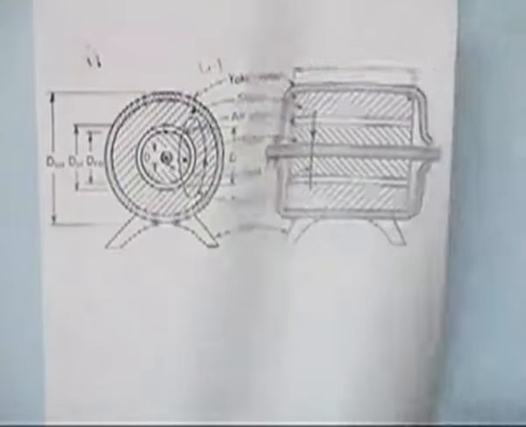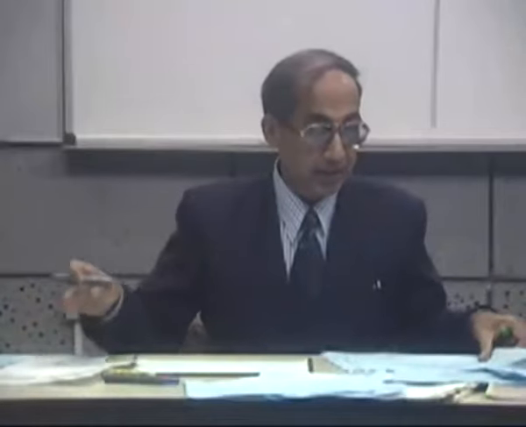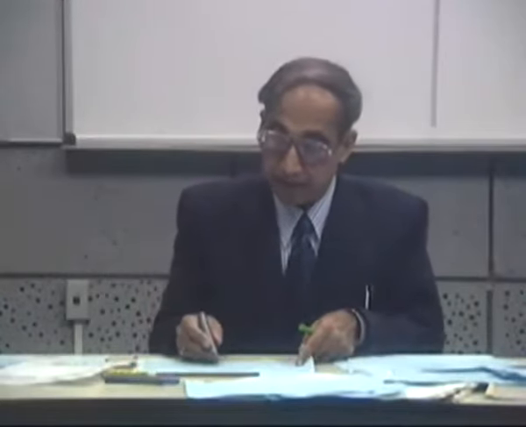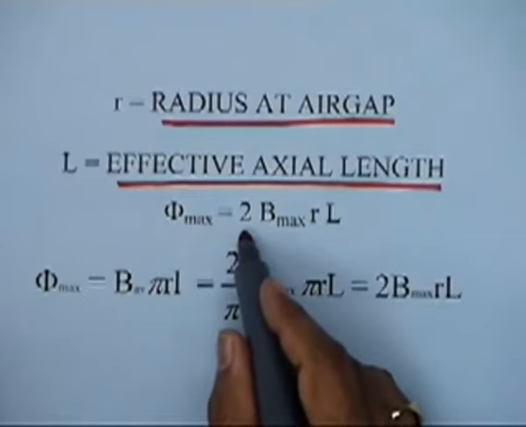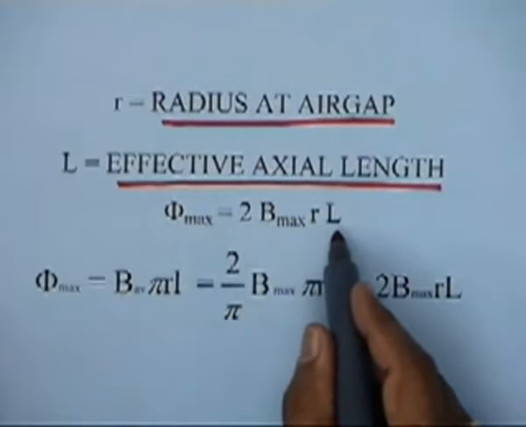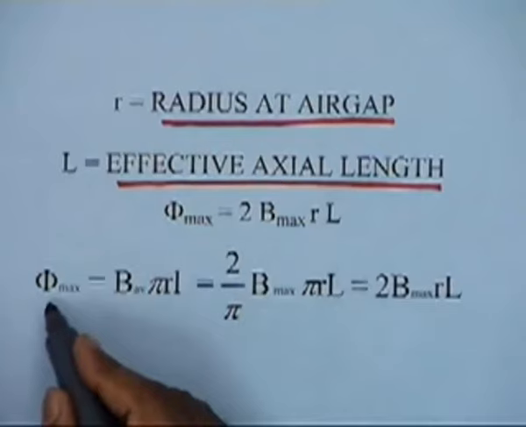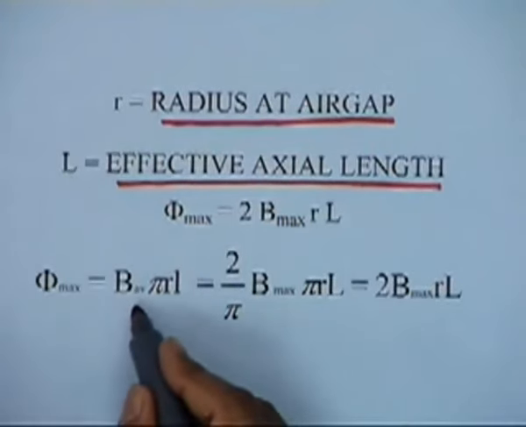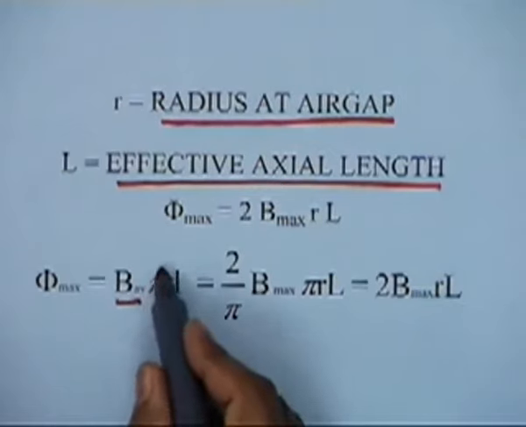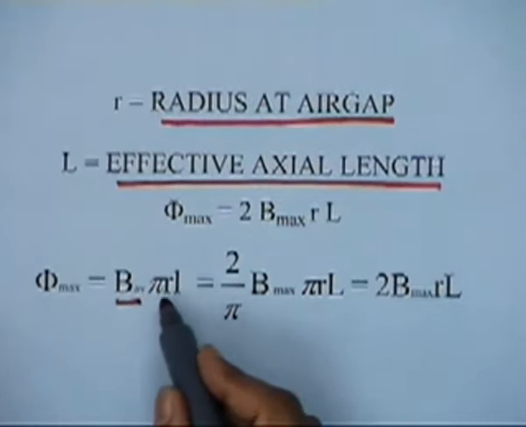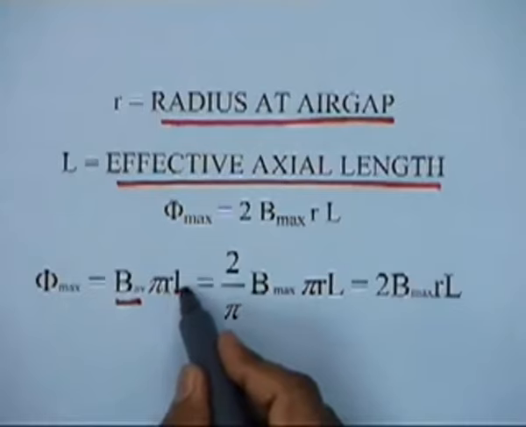The flux per pole will use the effective axial length. Phi max, we get an expression, is twice B max into R into L, or phi max is equal to the average B into the area of a pole. Area of a pole will be pi R into length.